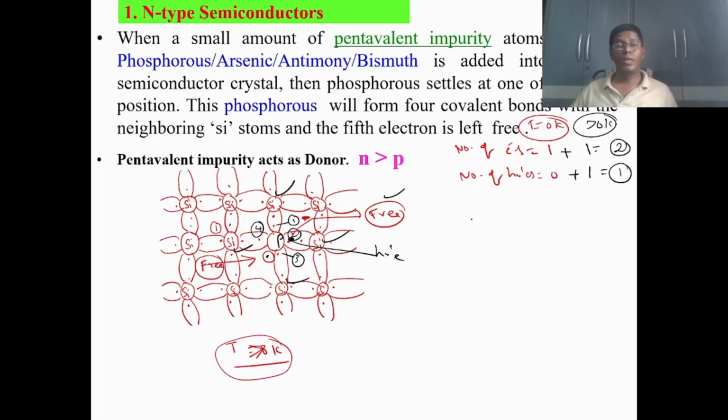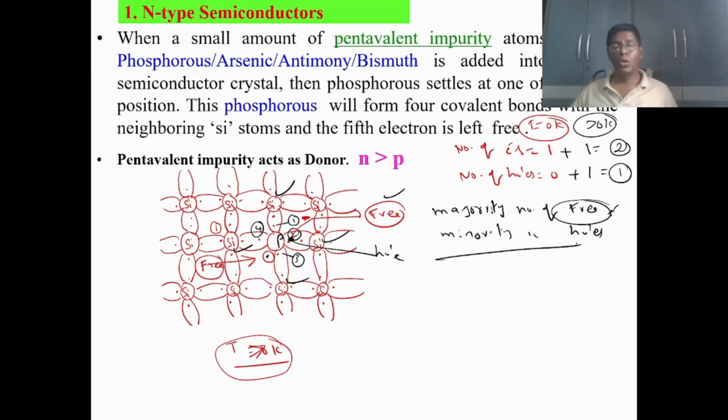If we compare electron number and hole number, we observe a majority number of free electrons and a less number, which is called the minority, of holes. Therefore, if we apply some amount of energy or voltage to this semiconductor, then maximum current passes through the majority free electrons. Therefore, this is called an n-type semiconductor.